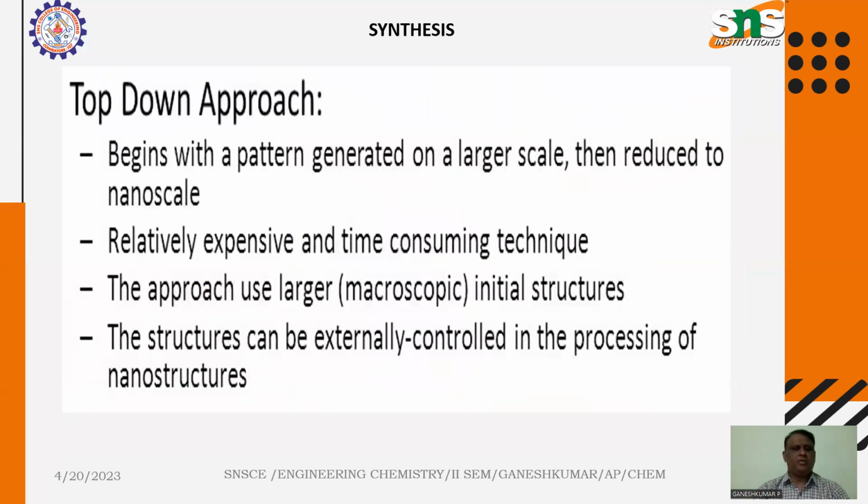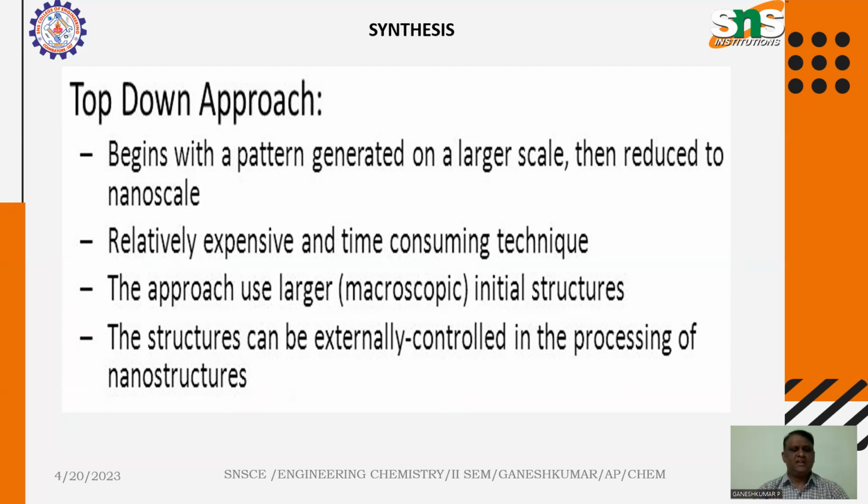In top-down approaches, it begins with a pattern generated on a large scale, then reduced to nanoscale. It is a relatively expensive and time-consuming technique. The approach uses large initial structures, that is, macroscopic structures.